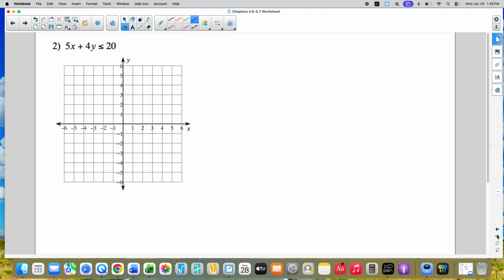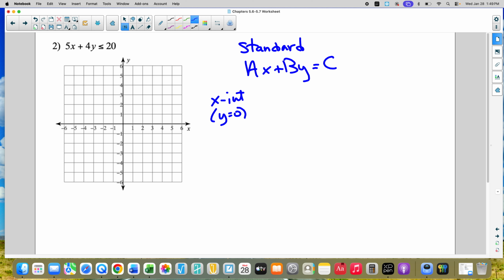Now, we notice a different format. This other format is called standard form. Standard form is ax plus by equals c. And we find the x and the y intercepts by covering up. Remember that when we find the x-intercept, my y value is always going to be 0.